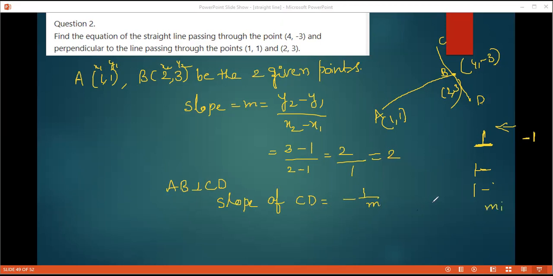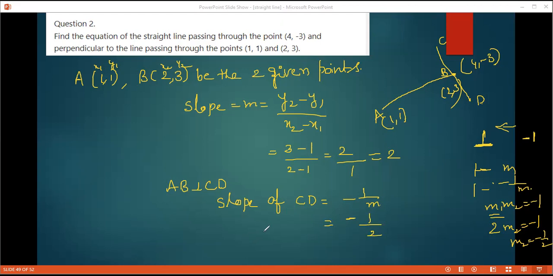The product of slopes is minus 1. So the first line slope is 2, 2 times m2 is equal to minus 1, m2 is equal to minus half. Or otherwise, the first line slope is m, the second line slope is minus 1 by m. Slope of CD is minus 1 by m, that is minus 1 upon 2. Right. We got the slope.